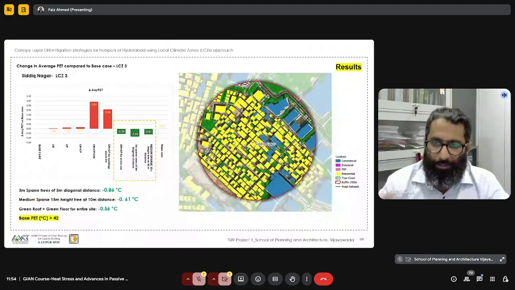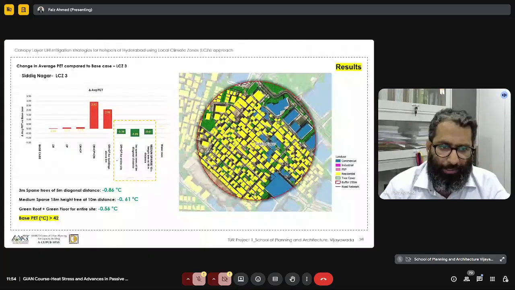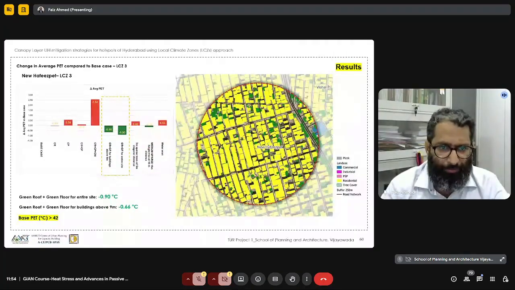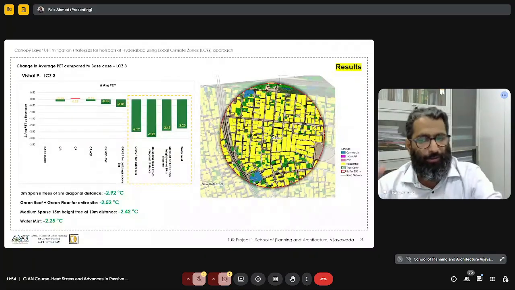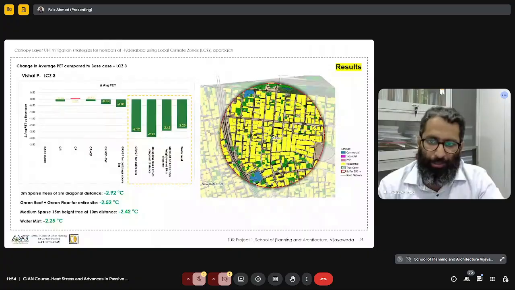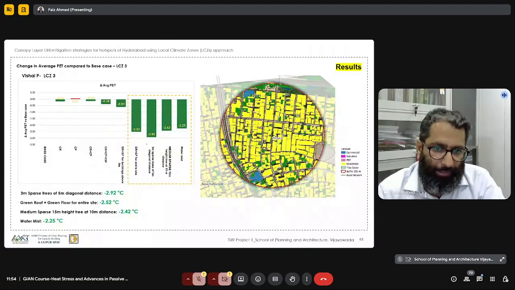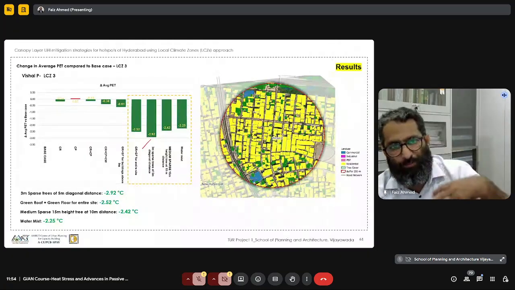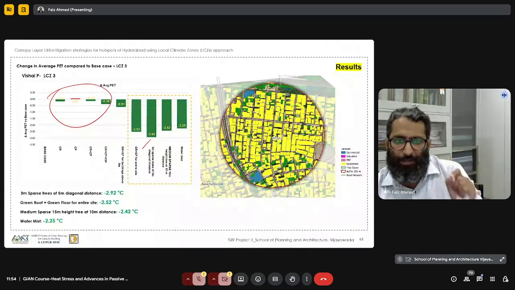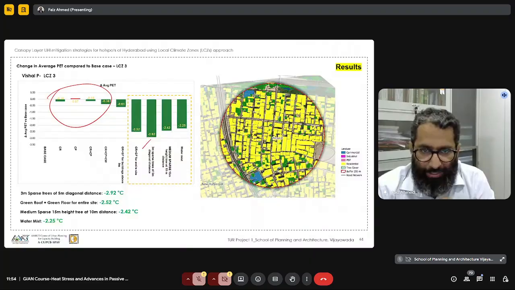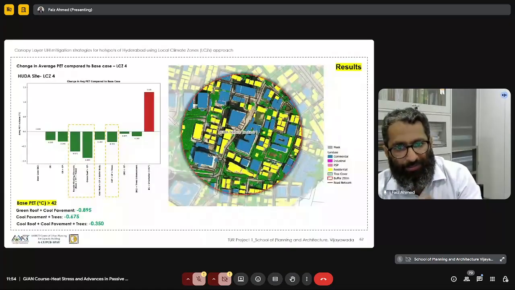In other strategies, we can see similarly we were able to get some benefit by appropriate placement of trees and vegetation, and some impact on greenery. Similarly, we did this for all the 13 neighborhoods that we have identified. In some neighborhoods, we were getting improved results in PET for all strategies. Although this may be very fractional, there is slight improvement in PET values by adopting all these strategies.